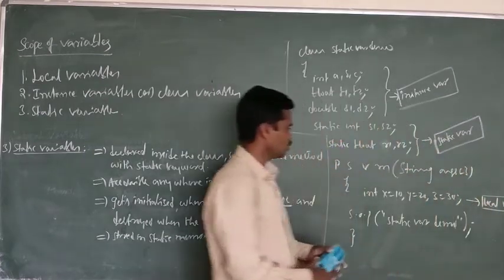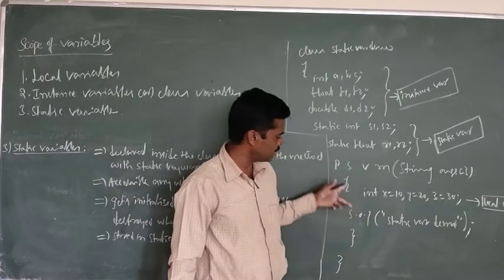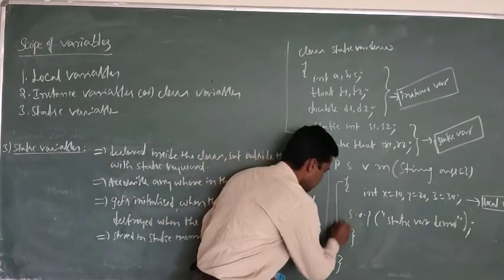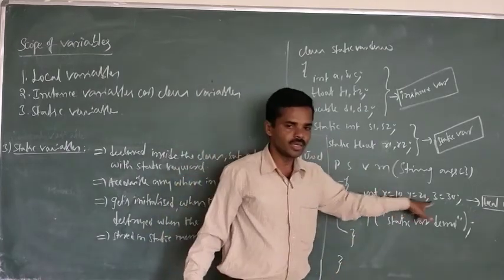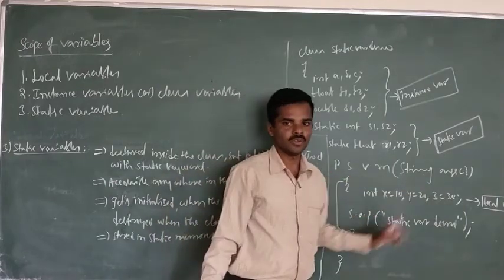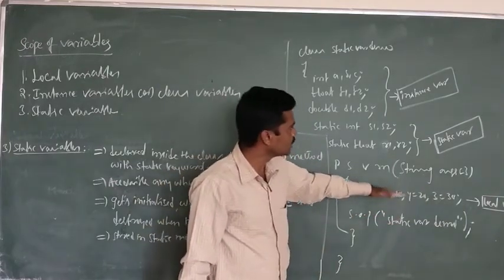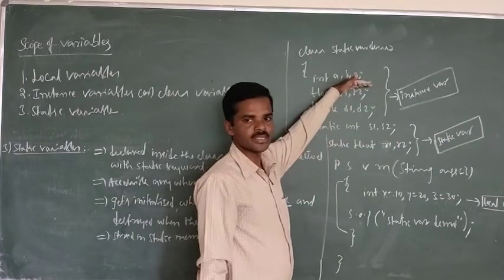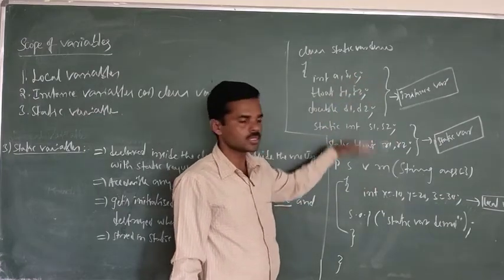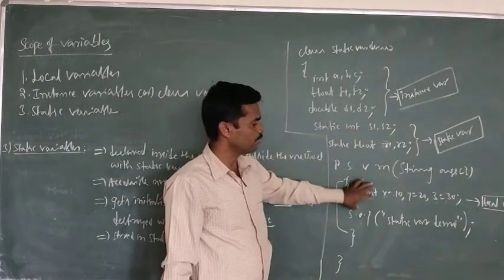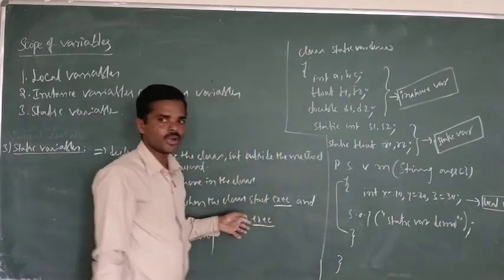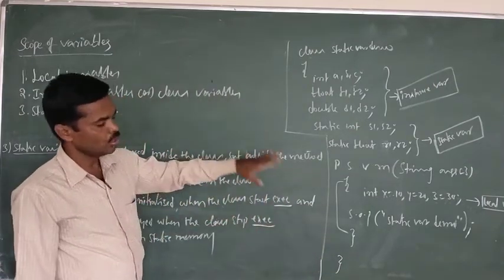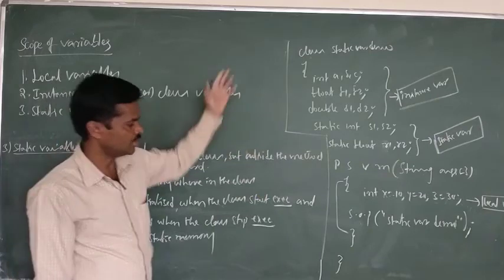Why is it a local variable? Because we declared it inside the method. This is the method block. Inside the method we are declaring, so it is a local variable. Understood? These are local variables, static variables and instance variables. This is the scope of the variables. So these are the different places where we use variables, and according to that we call them local variables, static variables and instance variables.